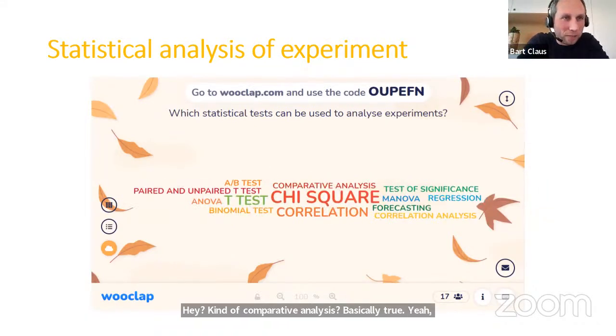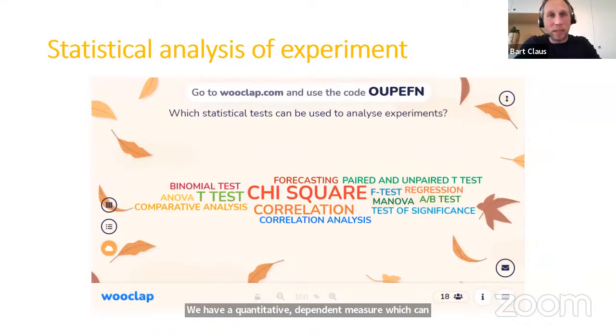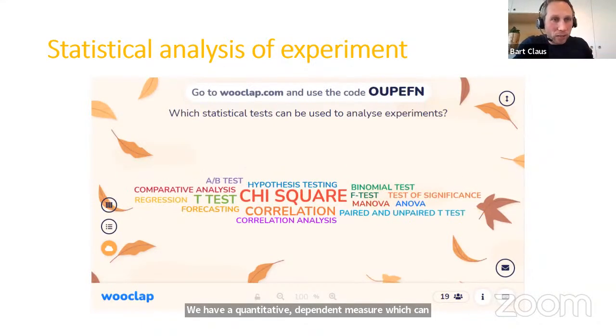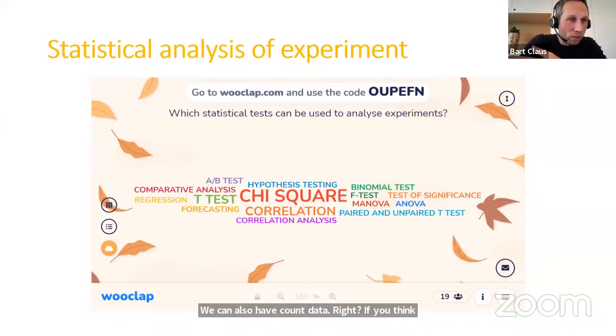We have a quantitative dependent measure, which can either be data that are on a ratio scale, on an interval scale. We can also have count data, right? If you think about these conversions in A/B testing, for example, these are percentages of people that click through to something, for example.